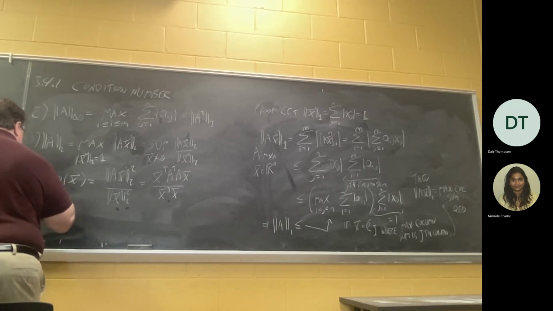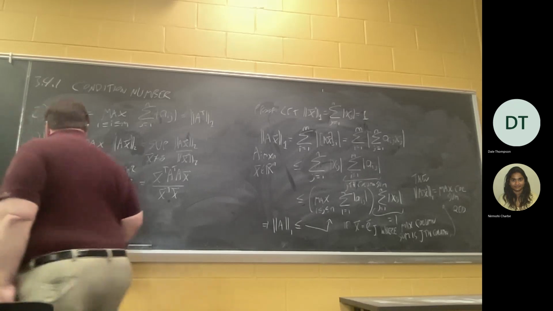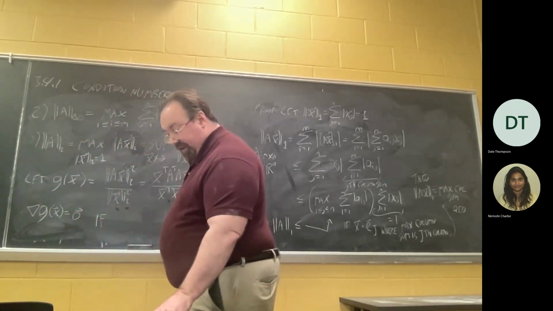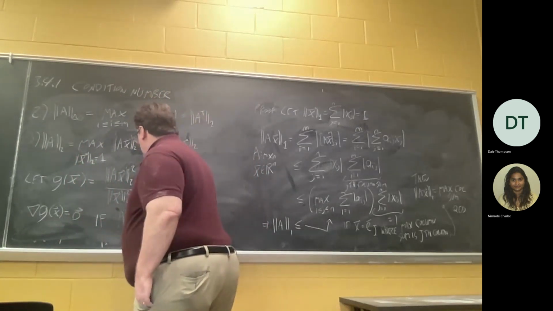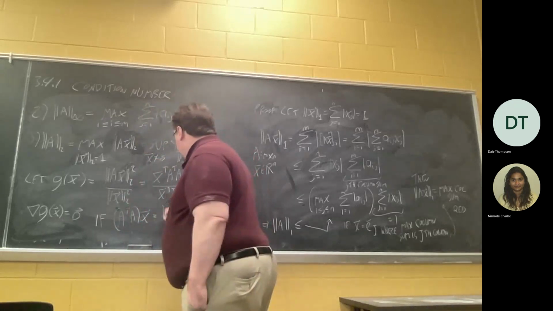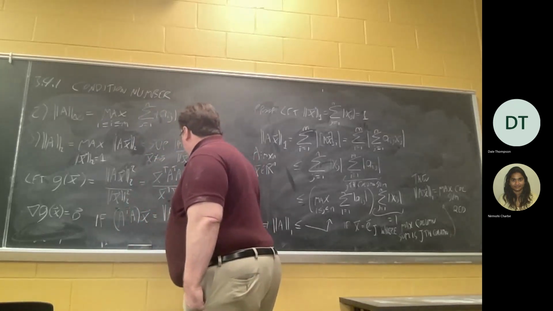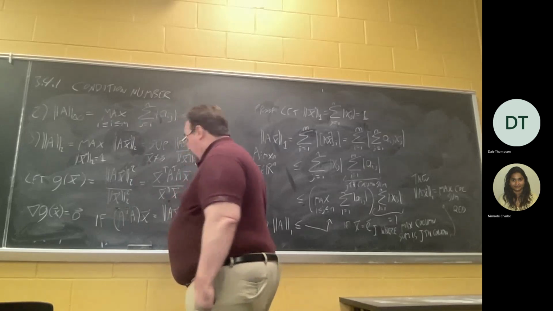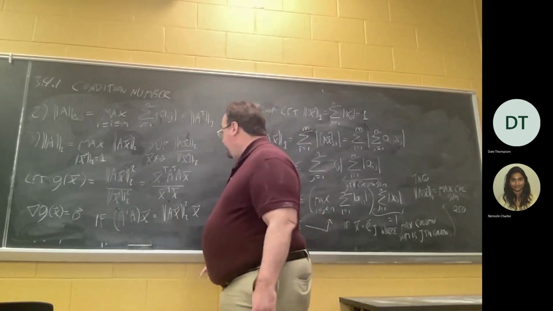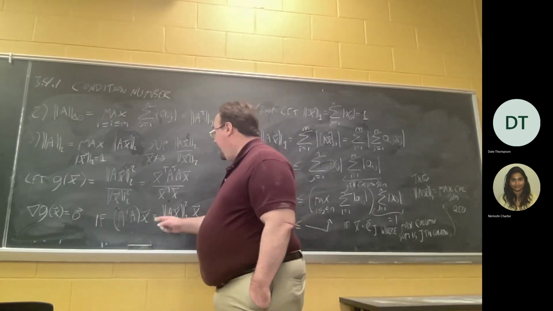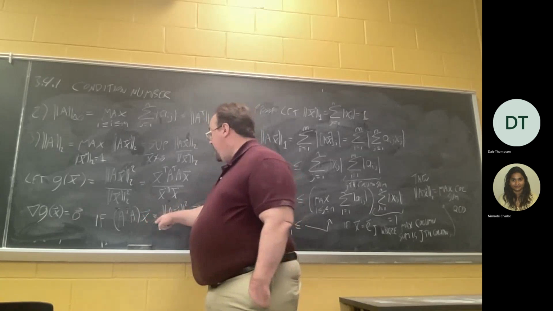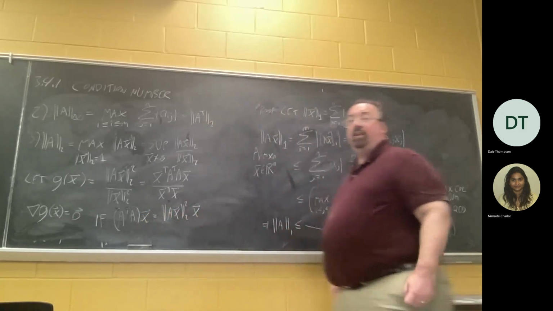I won't go through all the differentiation here, but you'll see something like this in the next chapter. The gradient of g is equal to a zero vector if the following holds: A transpose A times X is equal to the two norm of AX squared times X. Here we have matrix times vector equals scalar times vector.